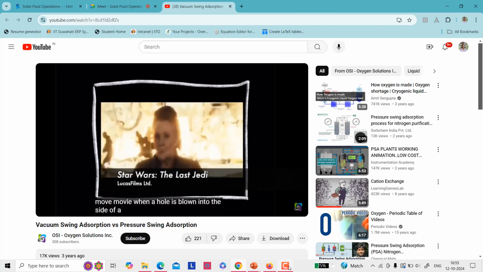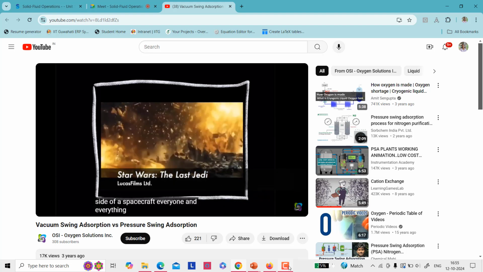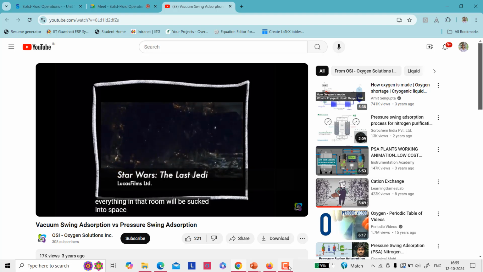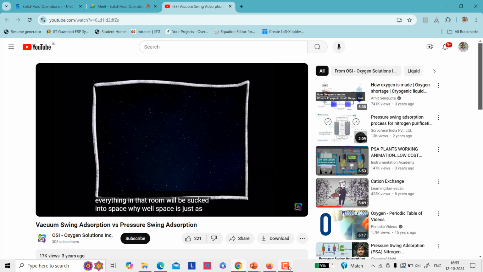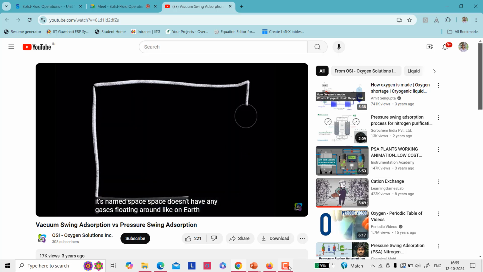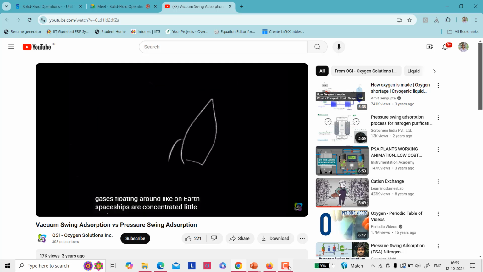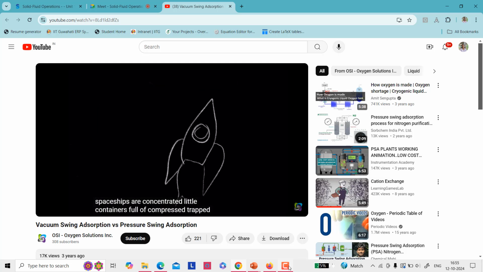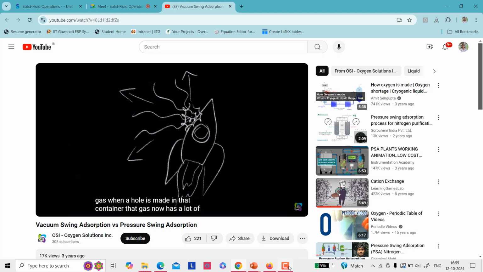Space doesn't have any gases floating around like on Earth. Spaceships are like containers full of compressed, trapped gas. When a hole is made in that container, that gas now has a lot of space to expand into. In this case, space is a vacuum and sucks out the oxygen from the spacecraft.